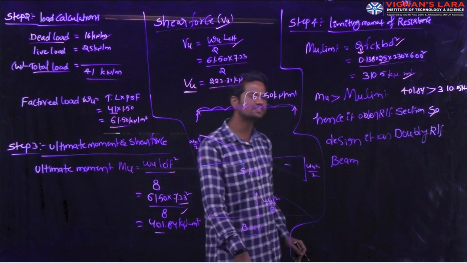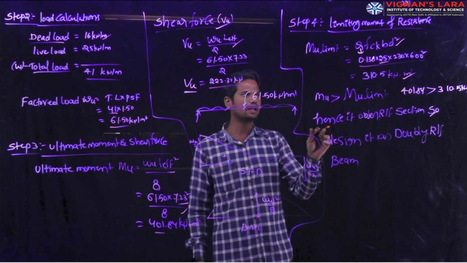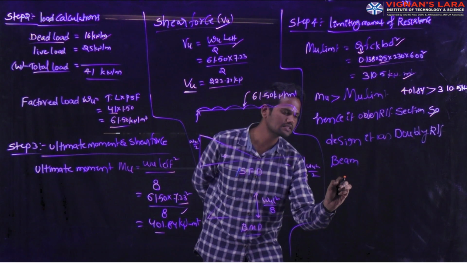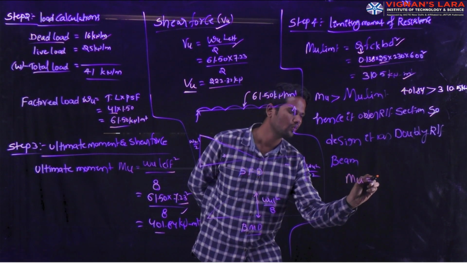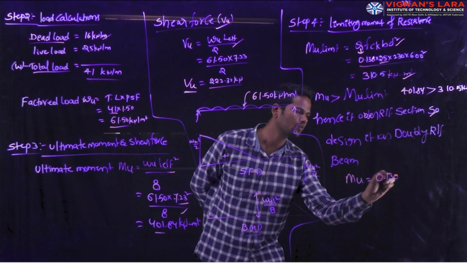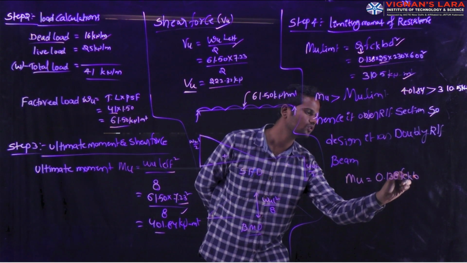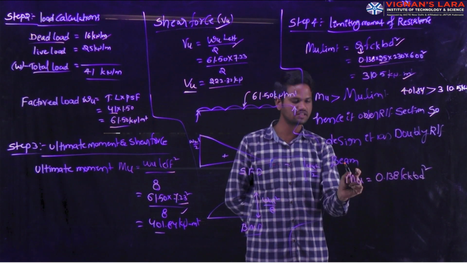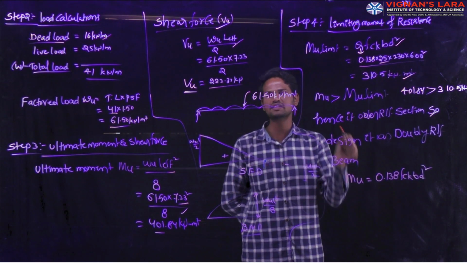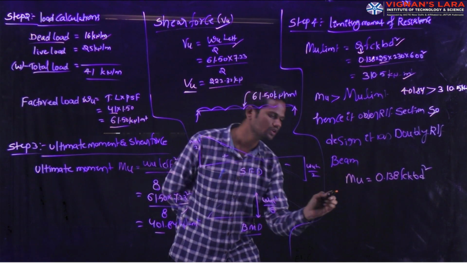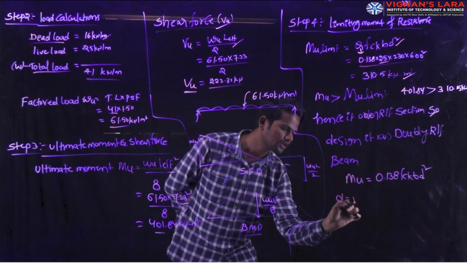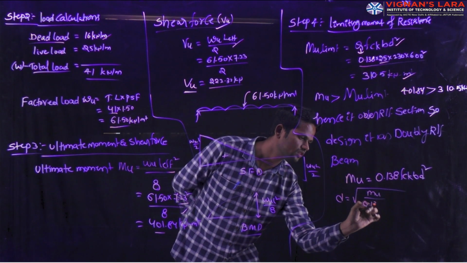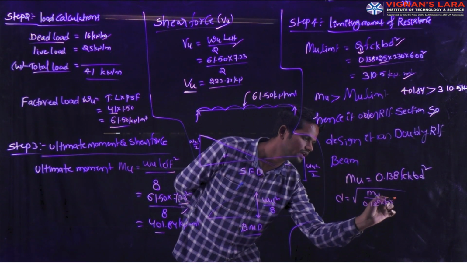We will also check whether the provided depth is sufficient for resisting this additional moment. That is Mu equals 0.138 into fck into b into d squared. Whether the provided effective depth is sufficient for this moment, we have to calculate. That is d equals square root of Mu divided by 0.138 into fck into b.